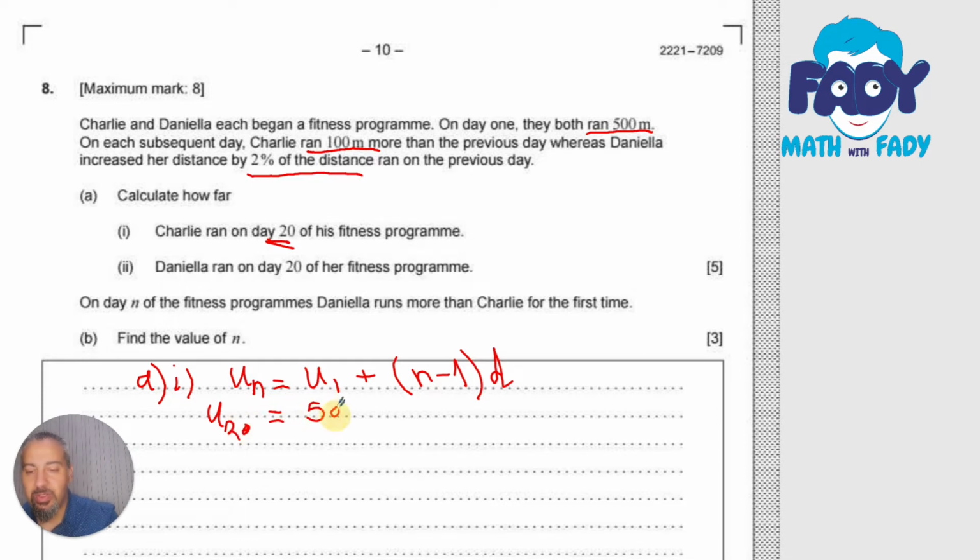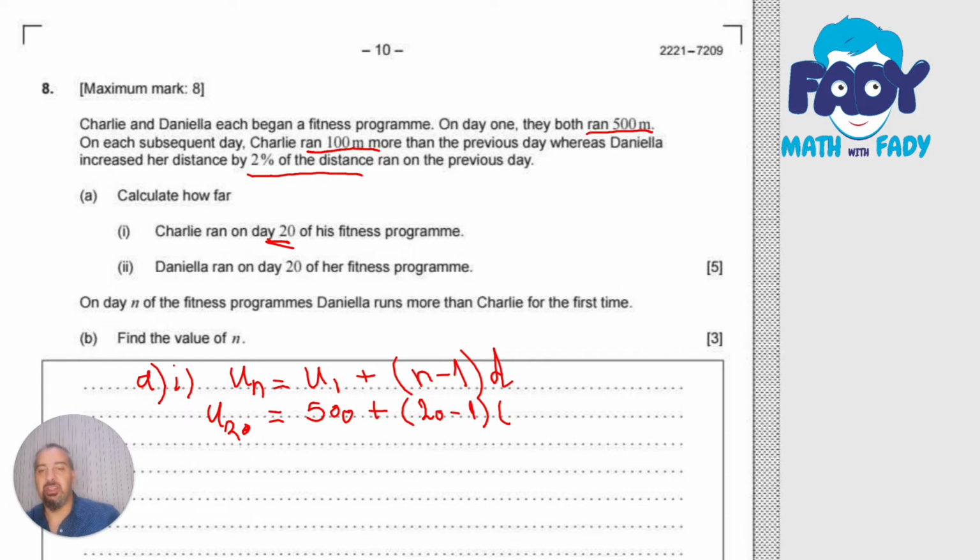equals 500 plus n, the term number, so 20 minus 1, multiplied by d. This is the common difference. What is the common difference? This is the value that we are adding for every term to make this sequence increasing.